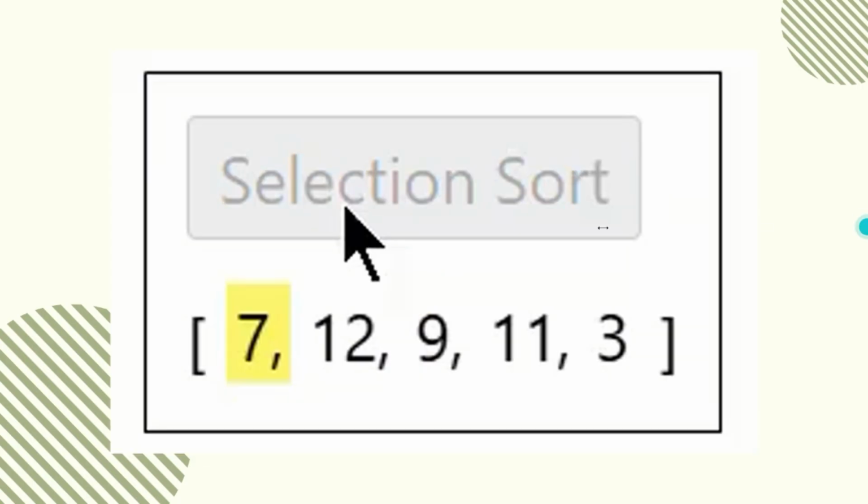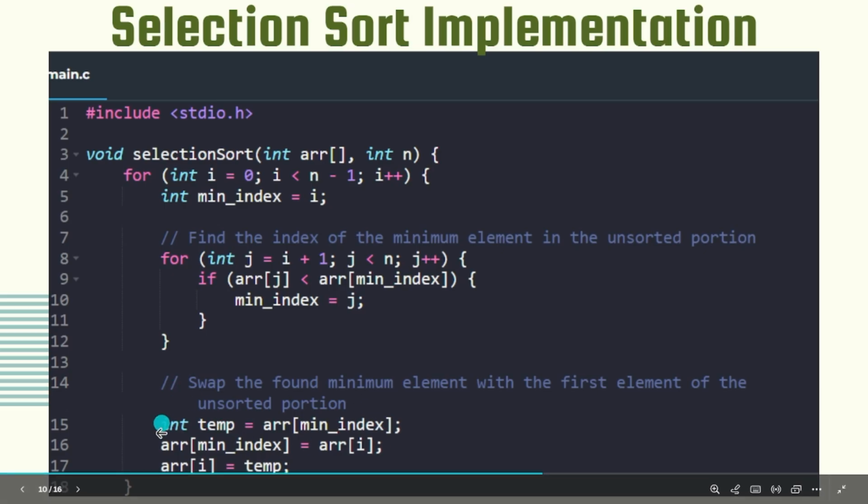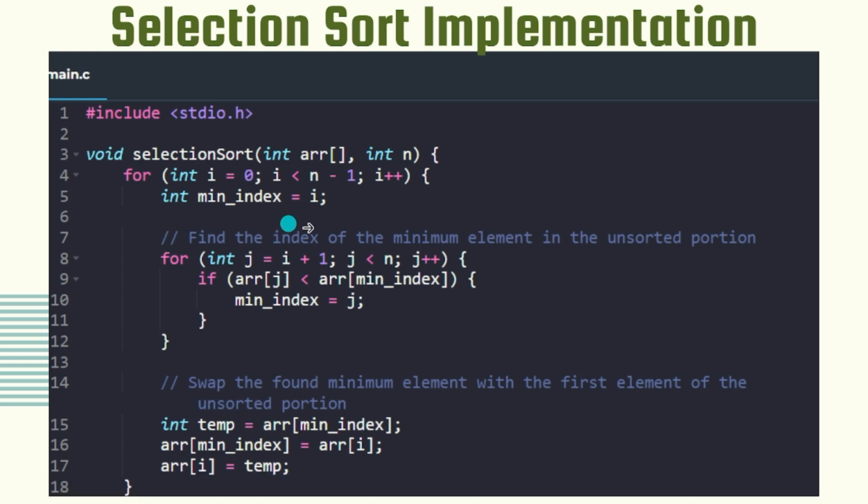Then after that, it will swap the minimum element with the first element of the unsorted portion. So it will swap at the index, wherever the minimum index is.